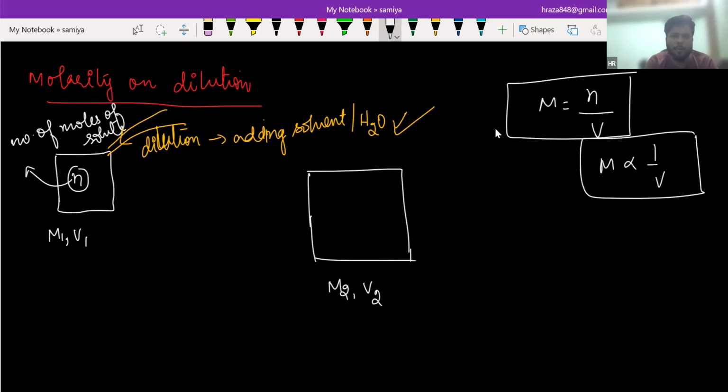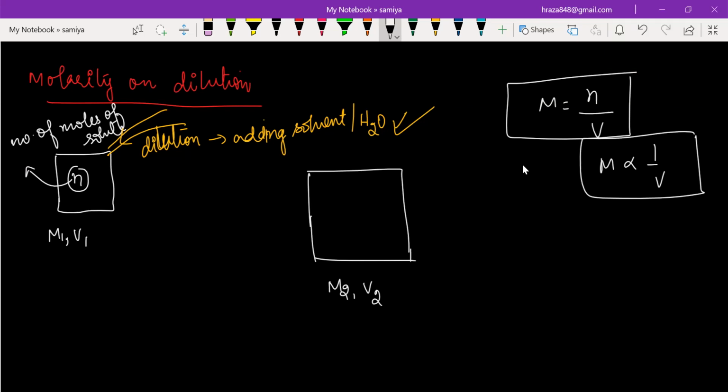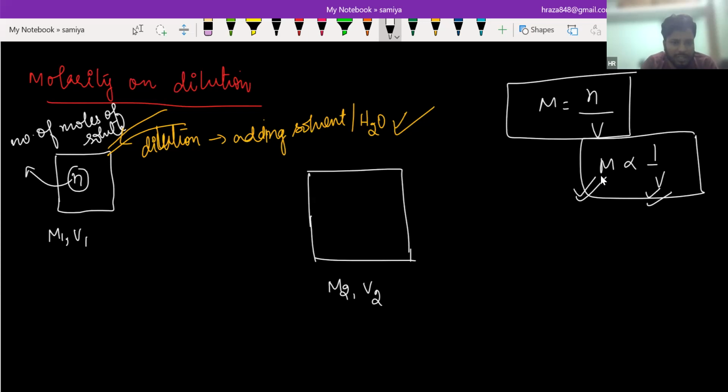If you are doing dilution, that means you are adding solvent, water. If you are adding solvent, that means volume of solution is changing. Yes or no? Yes. And if volume is changing, molarity will also change.